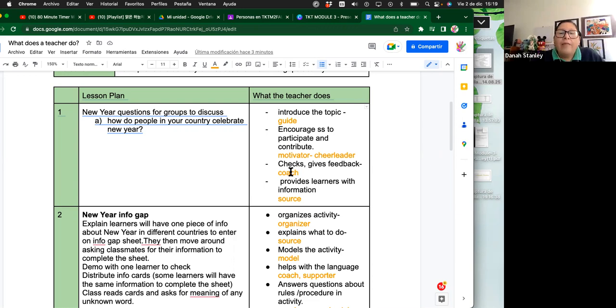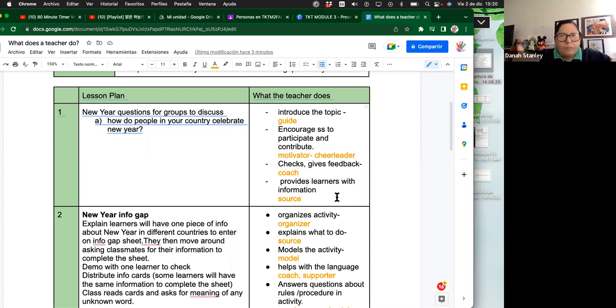Then I'm going to check, I'm going to provide feedback, because maybe they can sidetrack the conversation, or they may have problems or mistakes about pronunciation, or confusion with words, or probably they don't know how to do it, etc. So in this case, my role is going to be a sort of coach, no? I'm going to tell you, yes, good, good. Okay, practice, practice. You should do this like this and this.